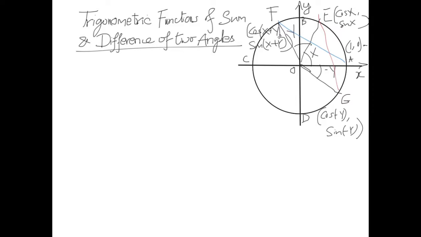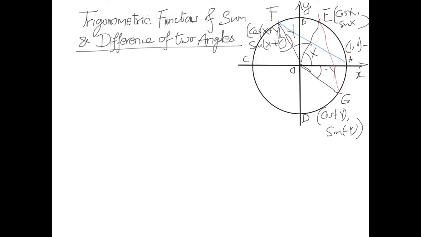Now because we know the coordinates of all of these points, that is A, F, E and G, we can write the expression for the lengths of sides AF and EG, and if you equate those two lengths, you can arrive at the expression for cos of x plus y.